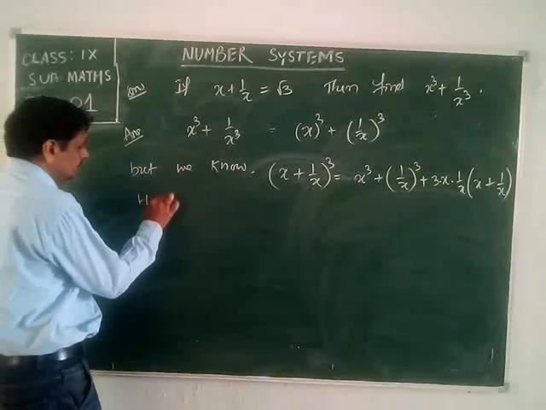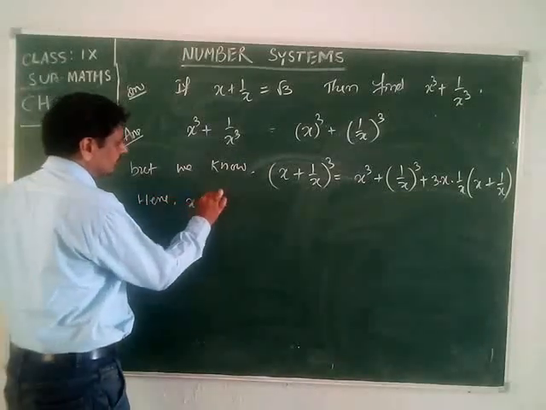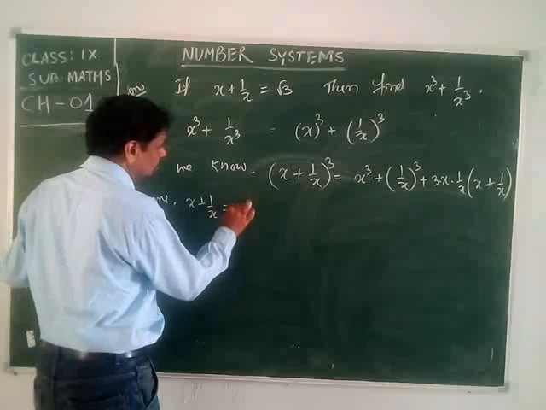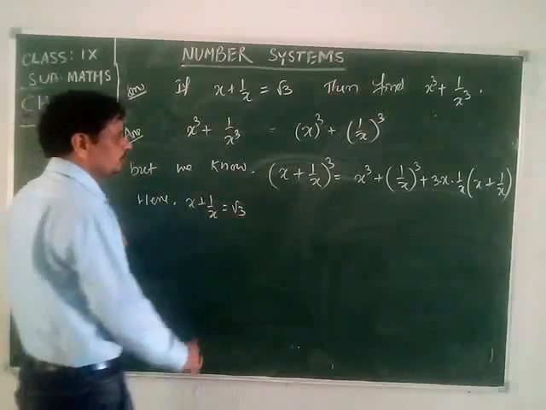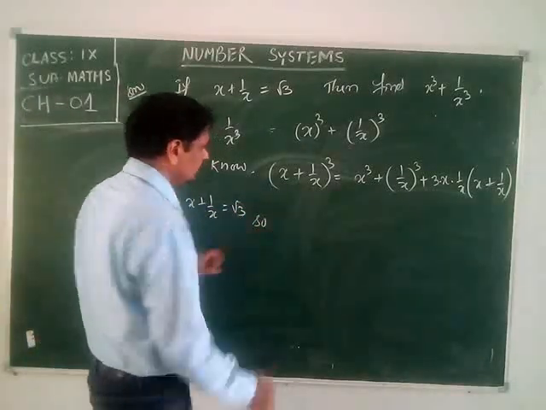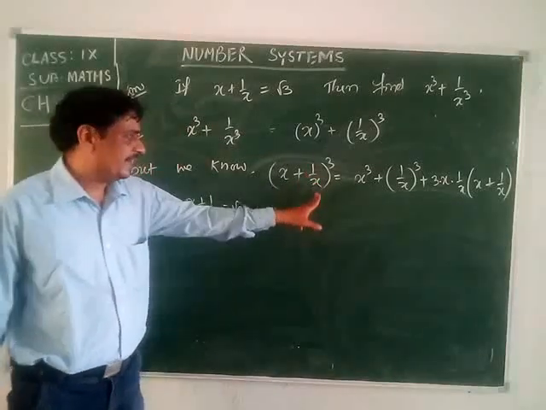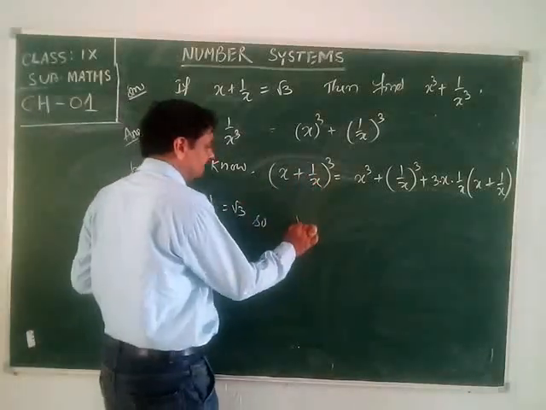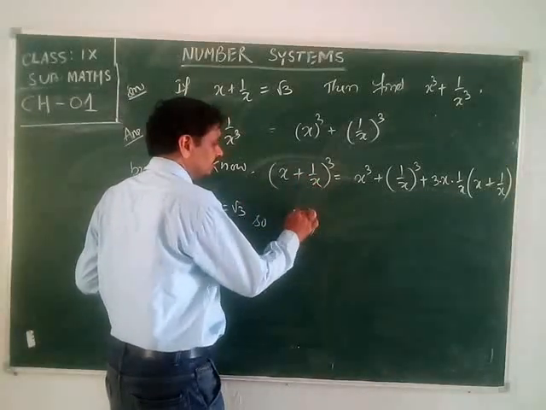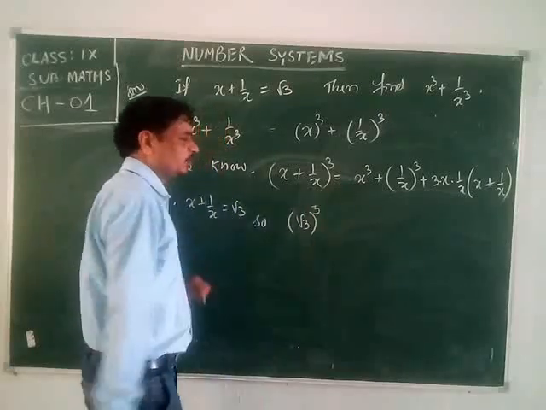Here the value of x plus 1 by x is √3. So x plus 1 by x is replaced by √3, that is √3 whole cube.